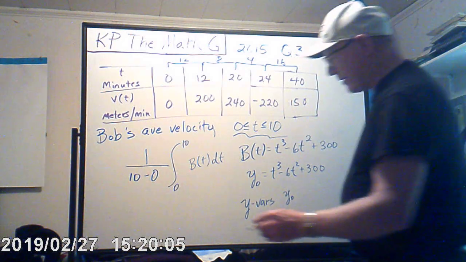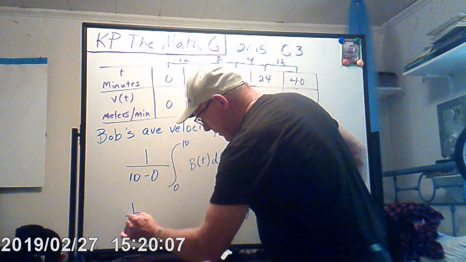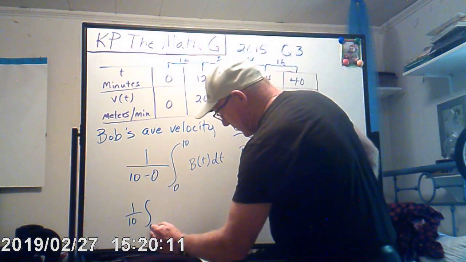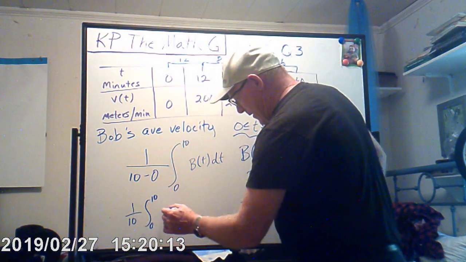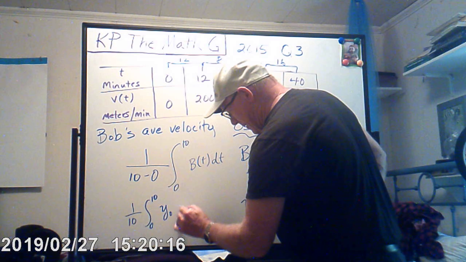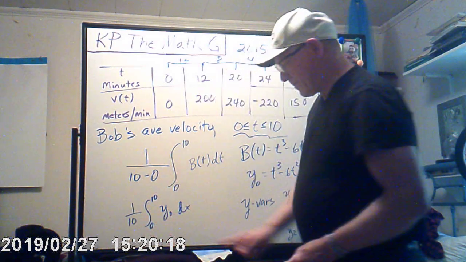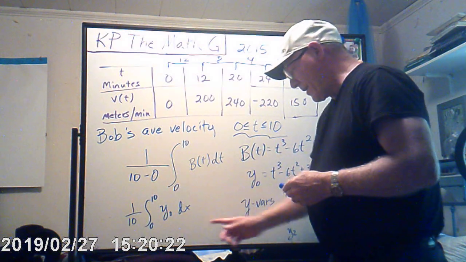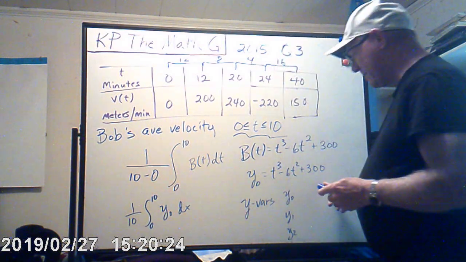What it really looks like is 1 over 10. Put that in there like that, and you're going from 0 to 10, and then you just put y of 0, and then of course it's going to be dx on your calculator. And when you do that, you can come up with your answer.